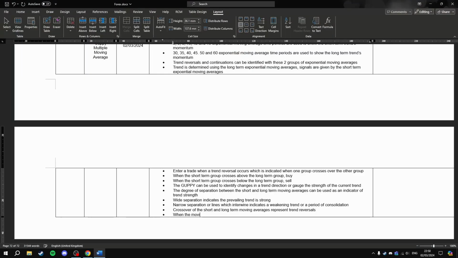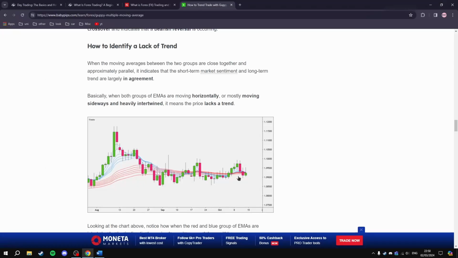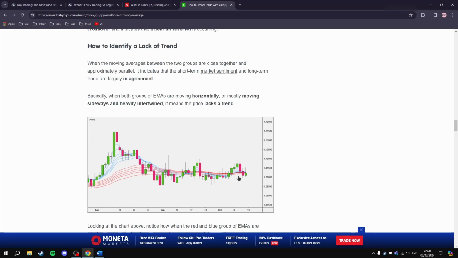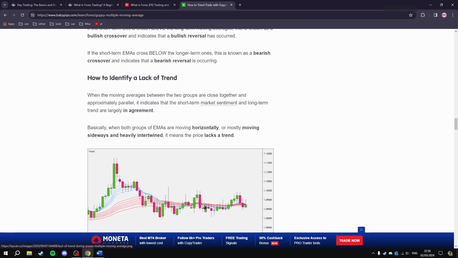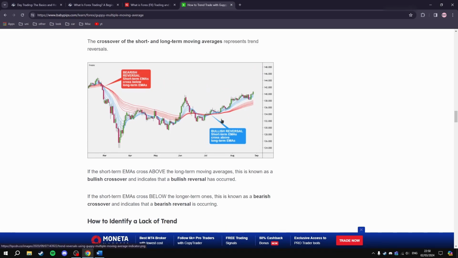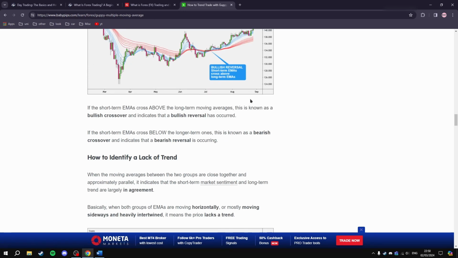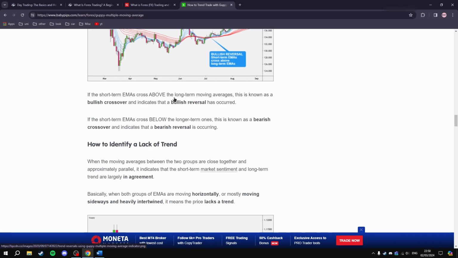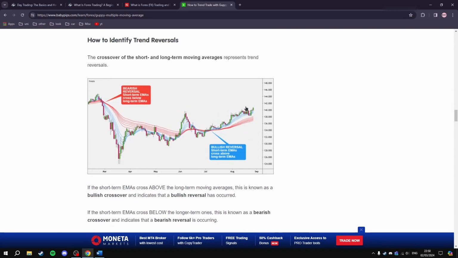When the moving averages between the two groups are close together and approximately parallel. See, when they say approximately parallel, do they mean flat, or parallel as in like this? This is kind of parallel, isn't it? Well, it's not close together, but they're traveling in the same direction, along this sort of line here.